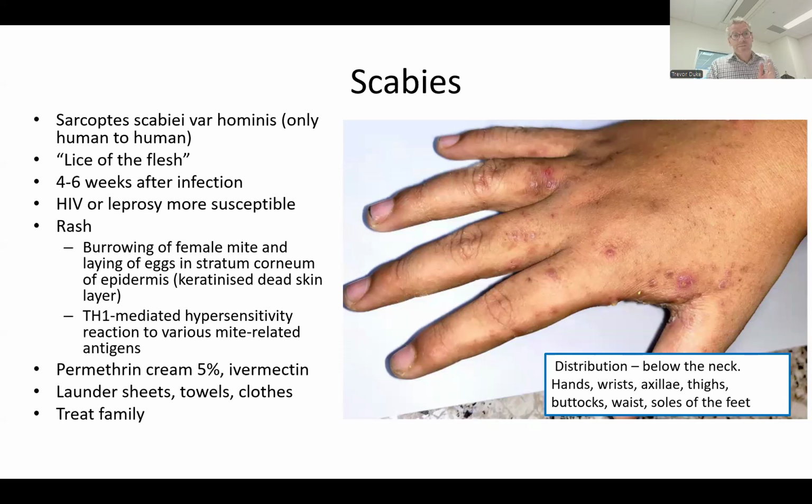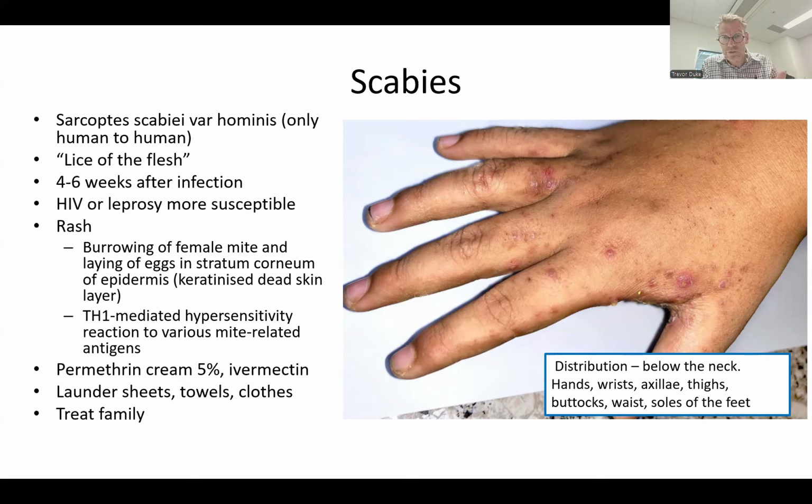That's important because there are animal scabies, but the scabies that infect humans is only human-to-human transmission. It was called by Aristotle lice of the flesh, and that's a very apt description, because one, they're both due to mites, and two, it's very, very itchy, as you know.